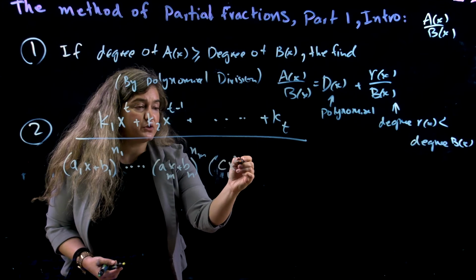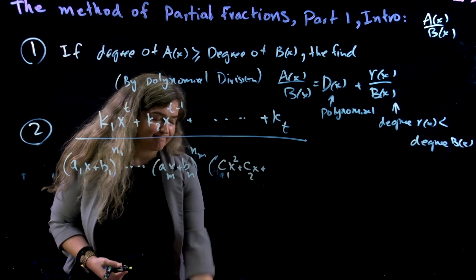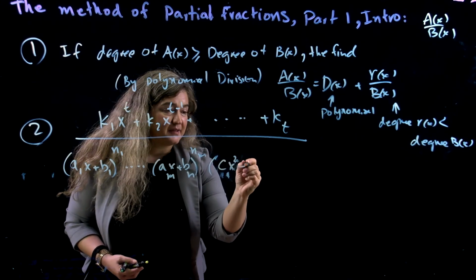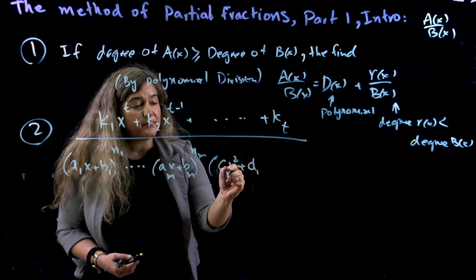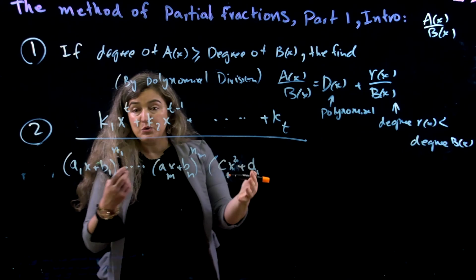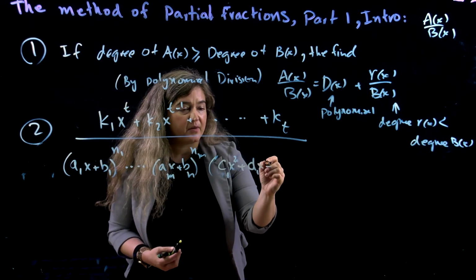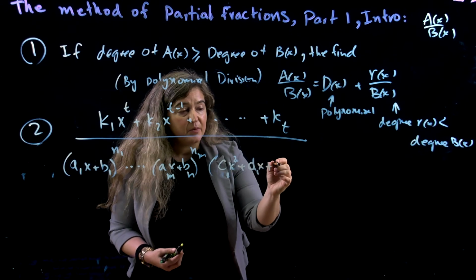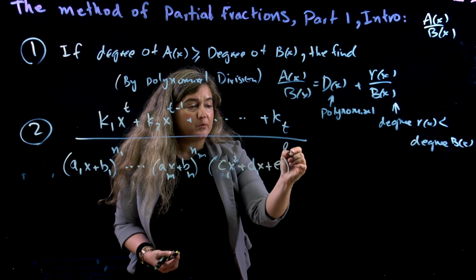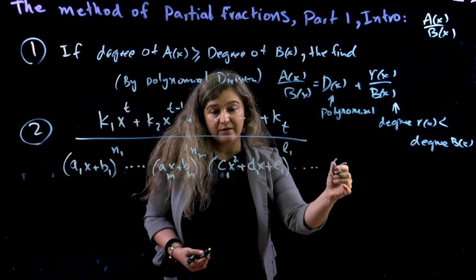and also let's say c1 x to the power 2 plus d1 x plus e1 to the power L1, and all the way to however many of these quadratic forms you have, so let's say c q x squared plus d q x plus e q to the power L q. Basically, we want all the coefficients to kind of resemble each other. That's why I'm being obsessed about that a little bit.